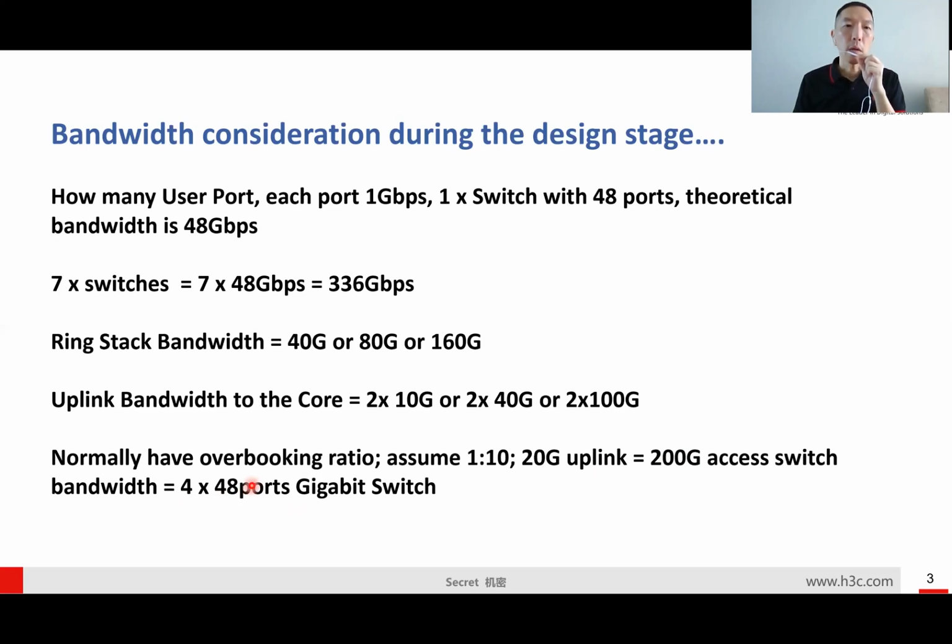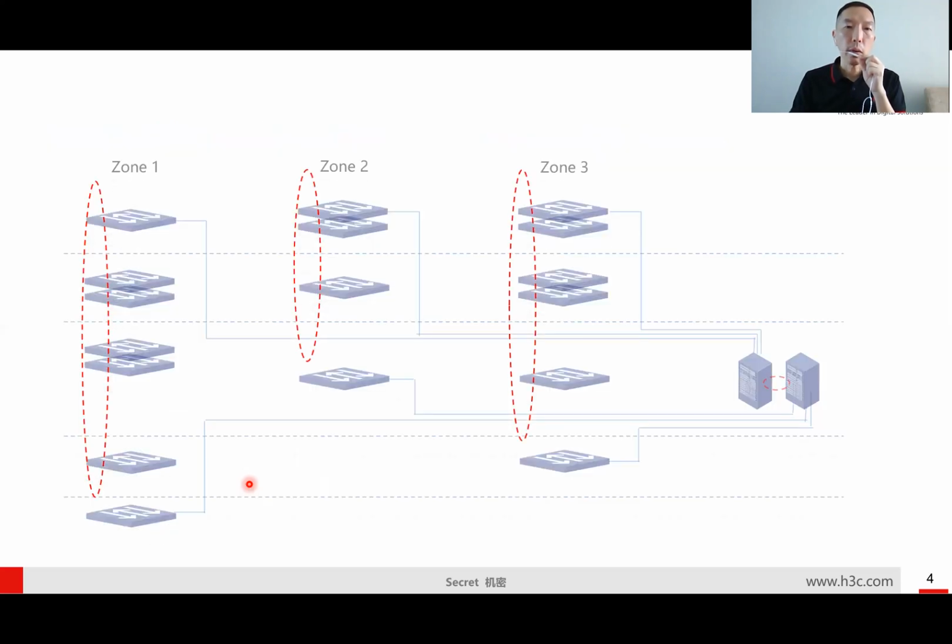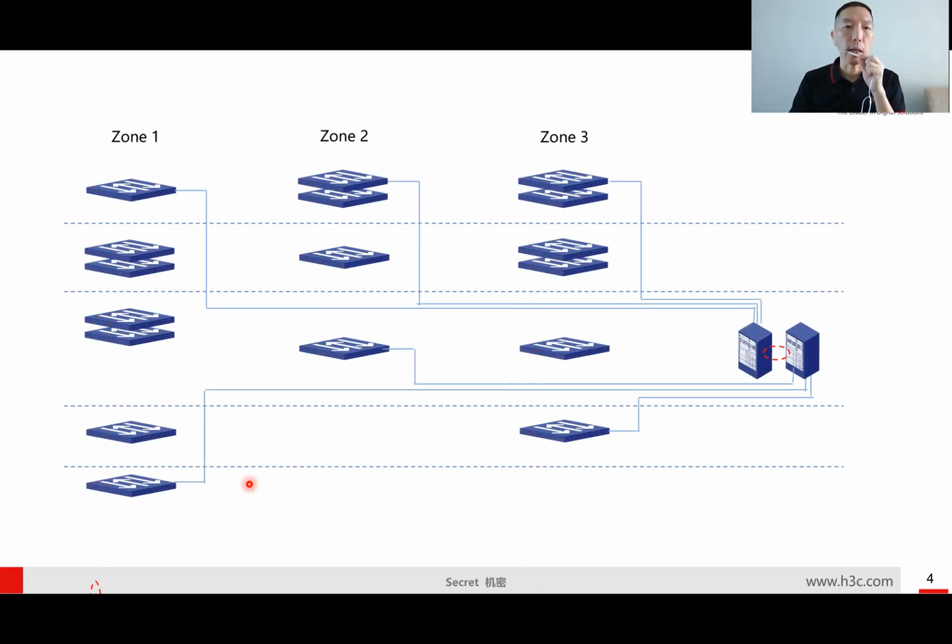So if we take out the ring stack consideration, here I take out all the rings. In each zone, on this floor, what you need to add is extra fiber, and this will definitely add to the cost. In this design, this stack you need to run fiber directly to the core, and this stack you need to run another fiber to the core.